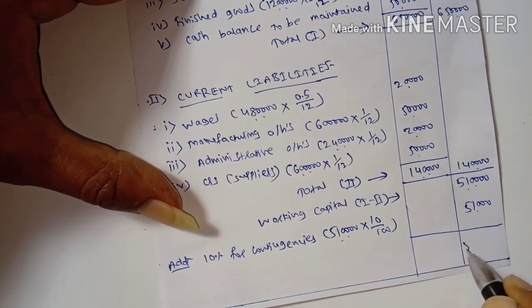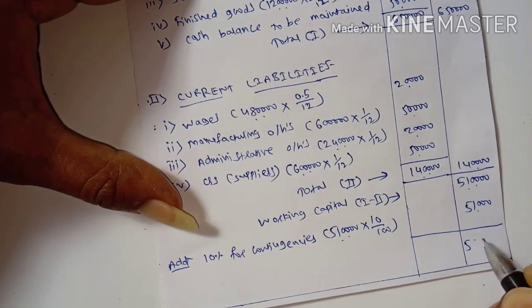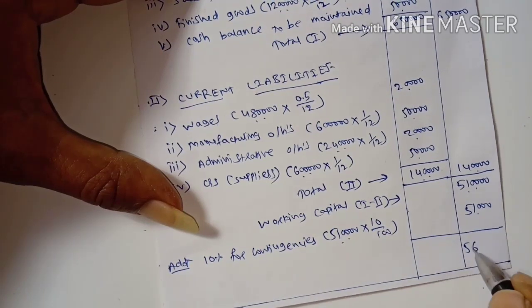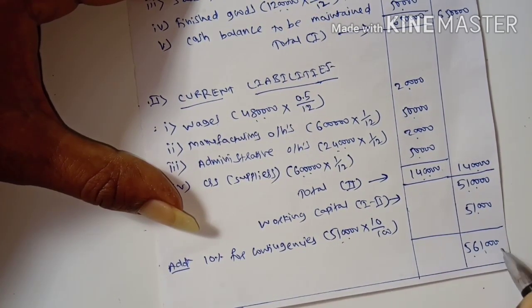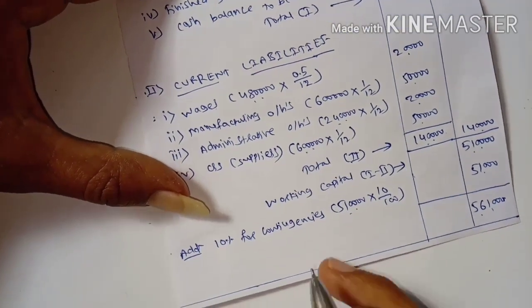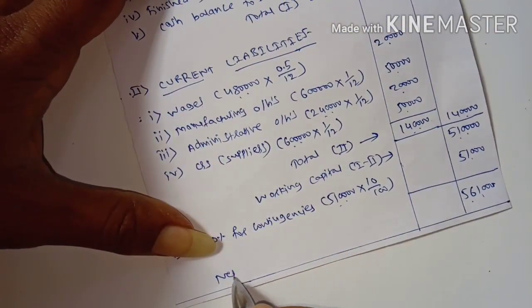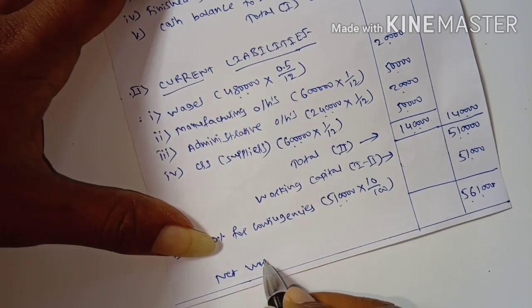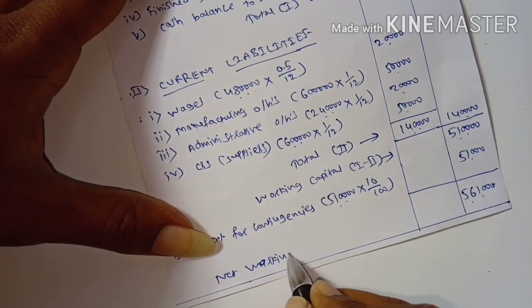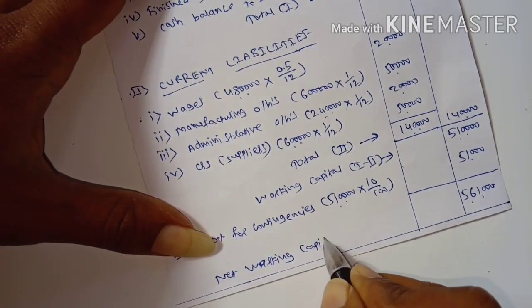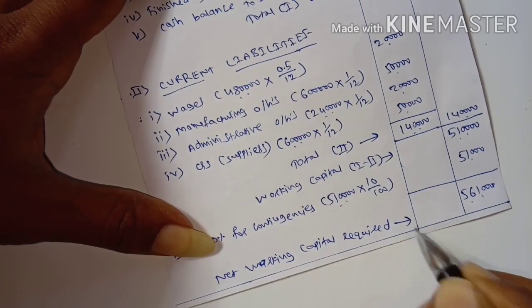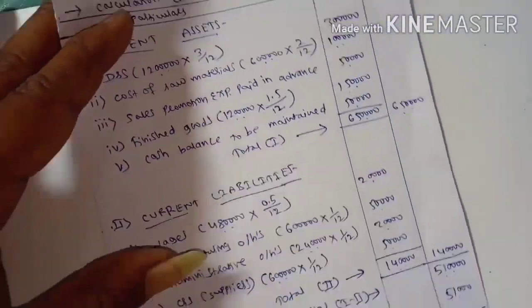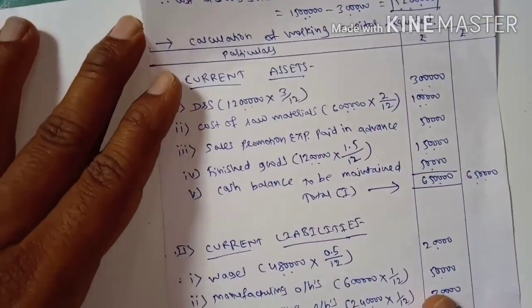So deduct it over here. Sorry, add this over here. 5,10,000 plus 51,000, 5,61,000. Okay. So this is net working capital required.